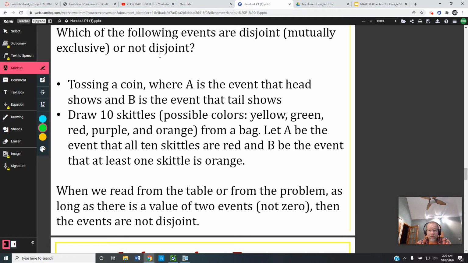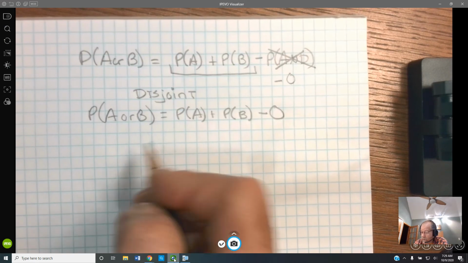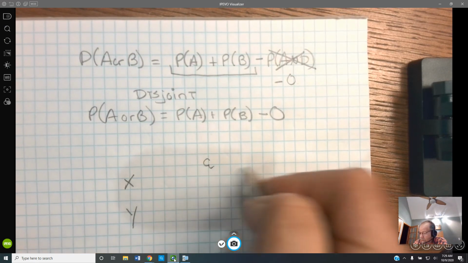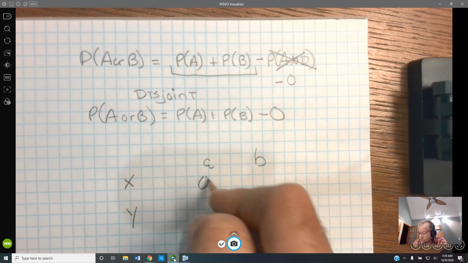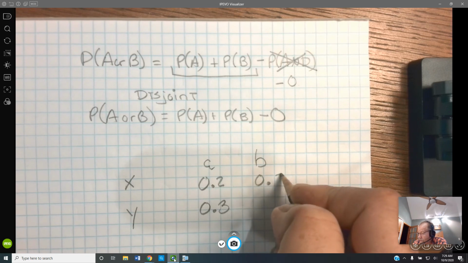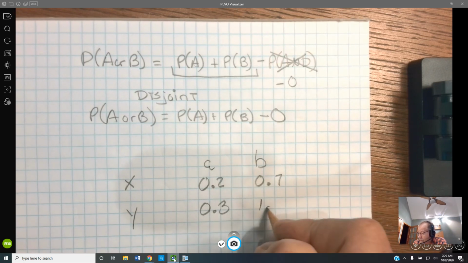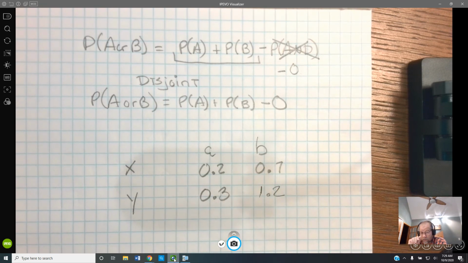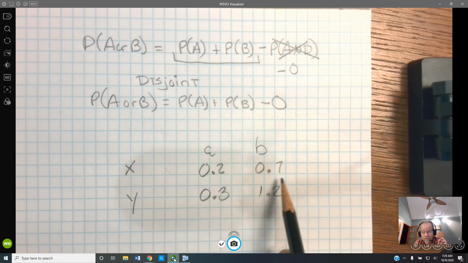When we read from the table of the problems, as long as the value of two events is not 0, then the events are not disjoint. What does that mean? If I create any chart, event X, event Y, event A, event B, and you see numbers in here, no matter what those numbers are, there's no disjoint at all, because these values have something going on at their intersections.